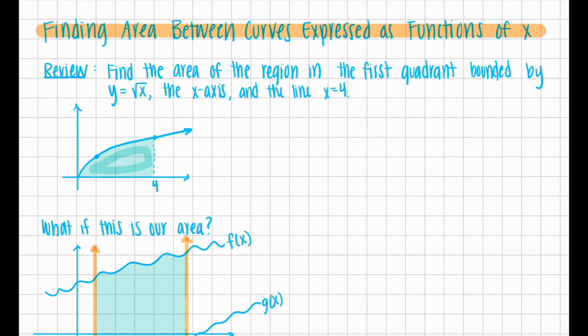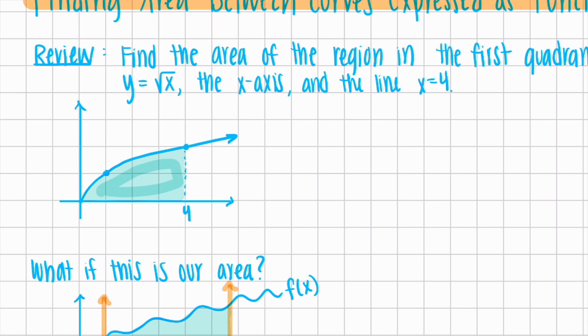And back when we started learning area, we talked about Riemann sums, where we said I can draw a rectangle. The base of this rectangle is some delta x, and the height of this rectangle is going to be the square root of x. Now I have a whole bunch of rectangles, so I'm going to call this x sub i and delta sub i of x.